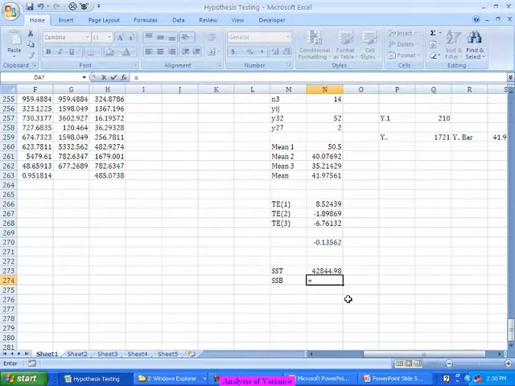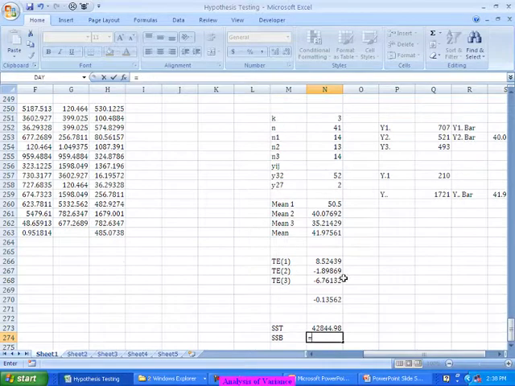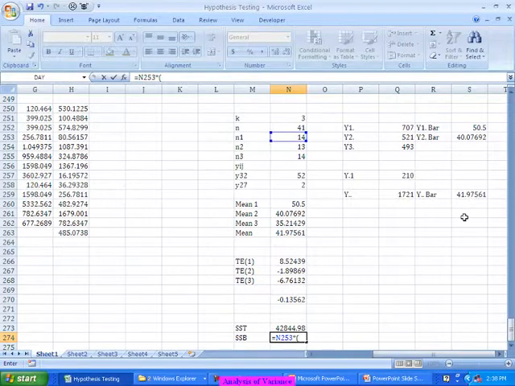The first one is coming out to 14 times, which is nothing but n1 times, what am I finding out? The mean y1 bar, which is nothing but the mean of the first one minus the overall mean, whole squared.